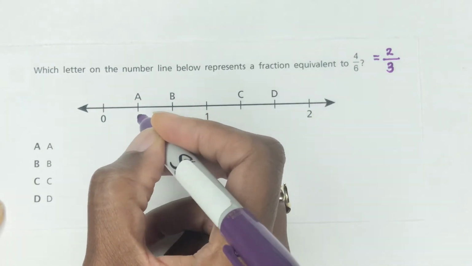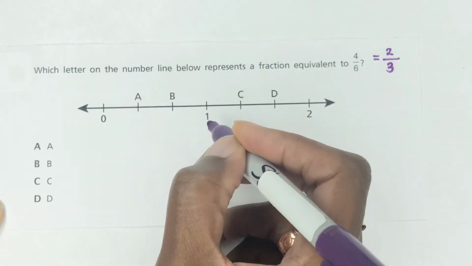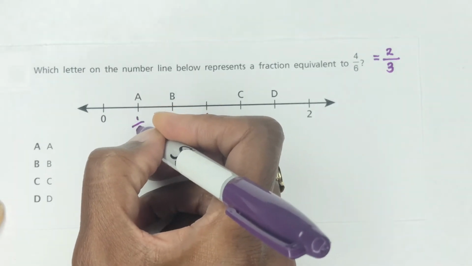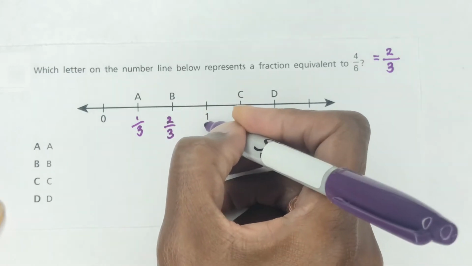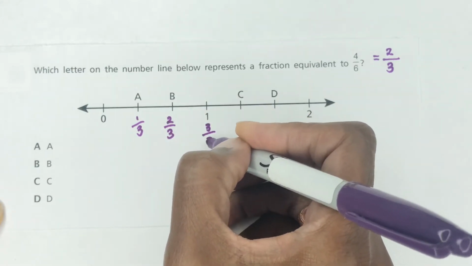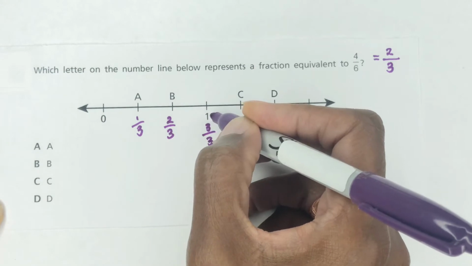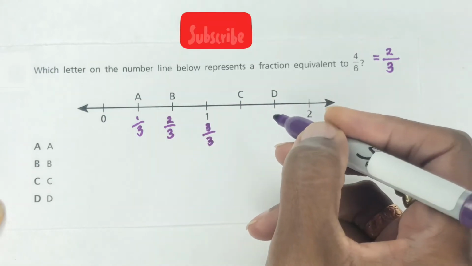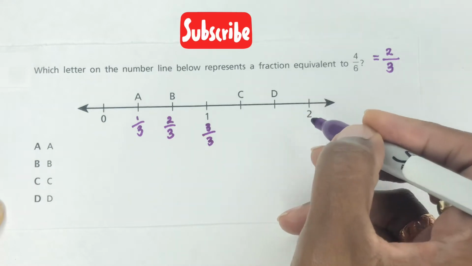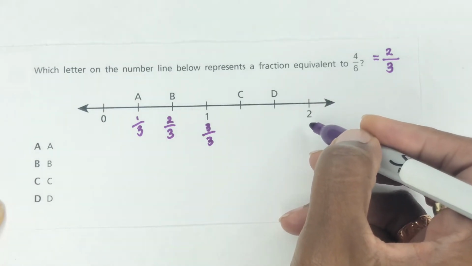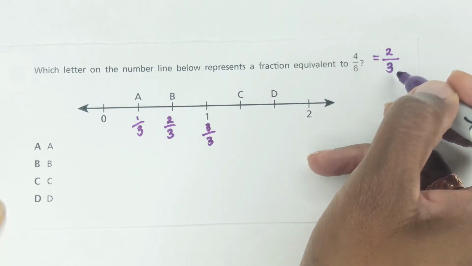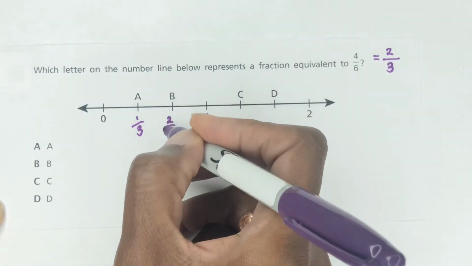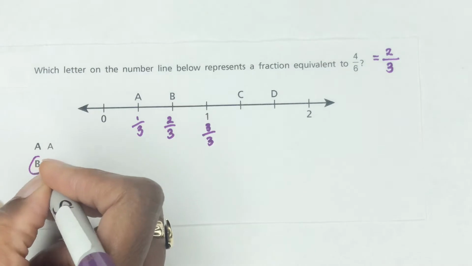So if it's 1, 2, 3, then this is 1/3 because it's out of 3. 2/3, 3/3, right? 3/3 is always equal to a whole number, and then it would go on 4/3, 5/3, and 6/3. But the question's only asking for up to 2/3 because we already reduced it. So you can clearly see then that it is B.